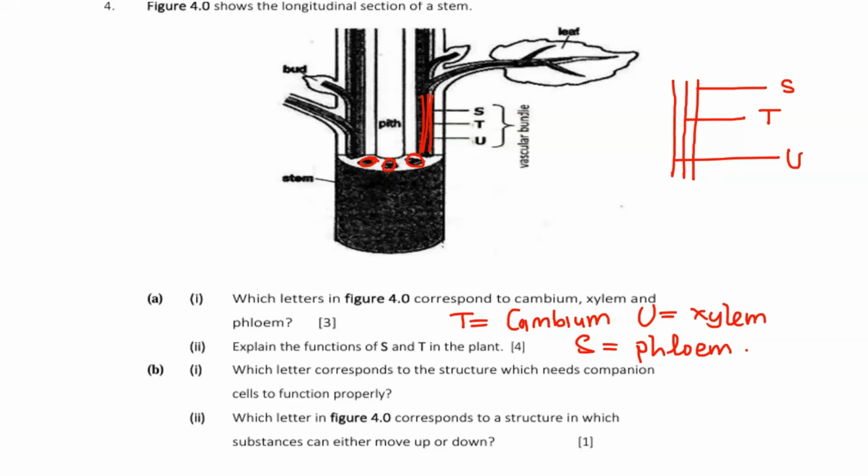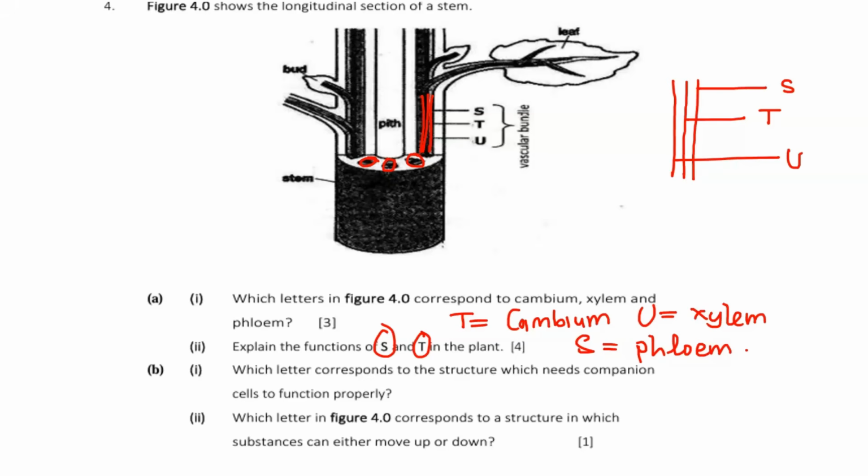Explain the function of S, T, and U. Since we've compromised the question, we are going to explain the function of the phloem and of the cambium. What is the function of the phloem? The phloem, which is the outside part here, transports manufactured food.